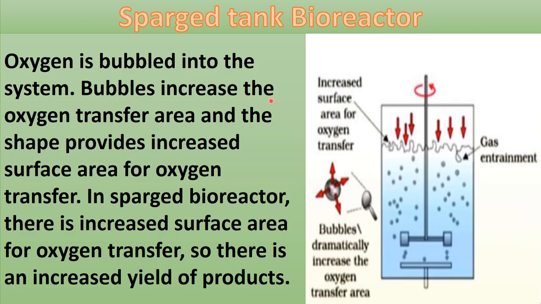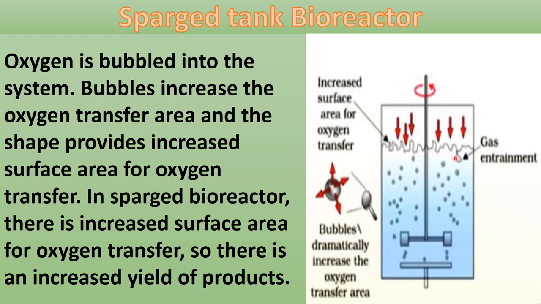These bubbles increase the oxygen transfer area, and the shape provides increased surface area for oxygen transfer. As you can see, due to bubble formation the surface area is increased, and due to increased surface area, more oxygen is transferred.